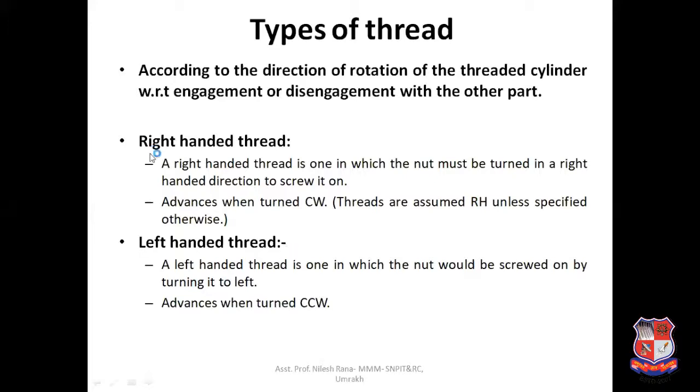Right-handed means the nut must be turned in a right-handed direction to screw it on. Whenever you operate the screw, the nut will be turned in the right-handed direction to screw it on, and it advances when turned clockwise.